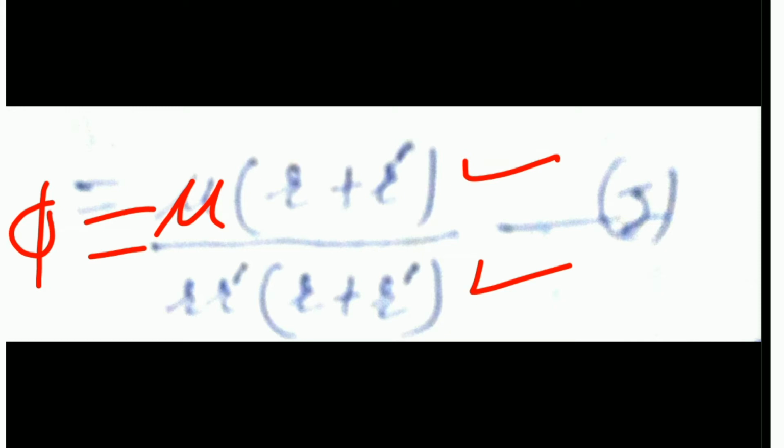Now keep O fixed and O dash tends to 0, so that r dash tends to r, mu is constant, and then we get phi is equal to mu of r plus r dash upon r dash, r plus r dash.